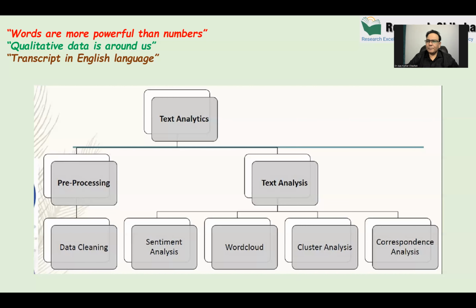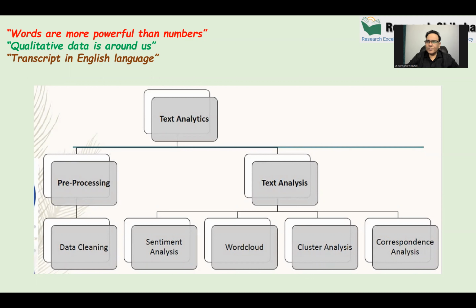These algorithms count how many words are highly positive, moderately positive, and negative, and on the basis of the count, we can develop some sentiment index. So this is also part of text mining.